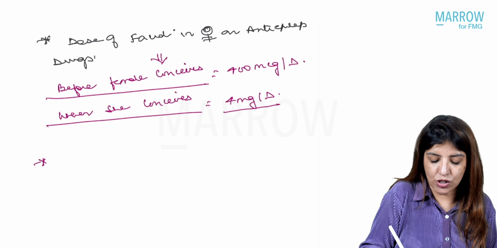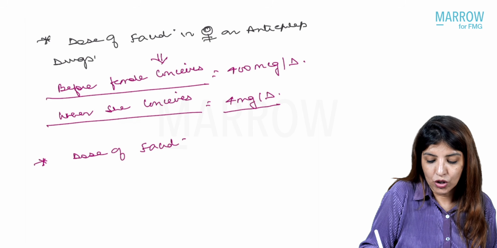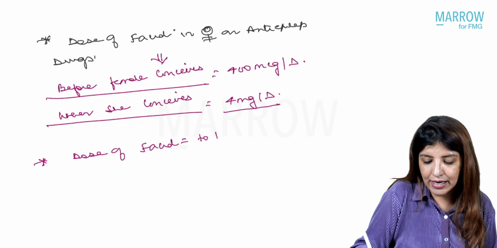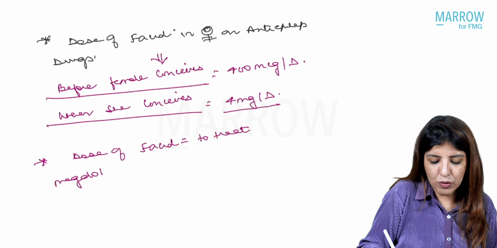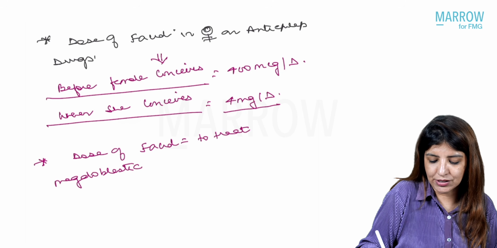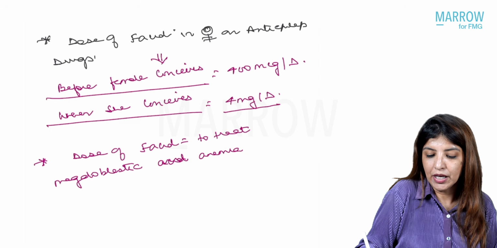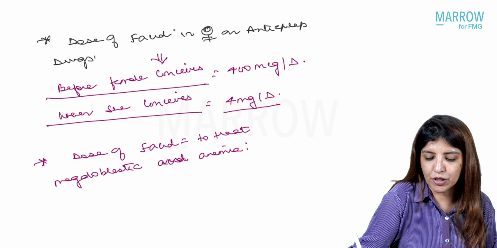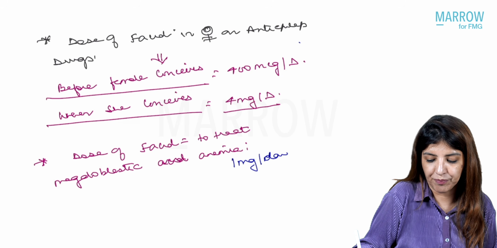Now, what is the dose of folic acid to treat megaloblastic anemia? The dose of folic acid to treat megaloblastic anemia is 1 milligram per day.